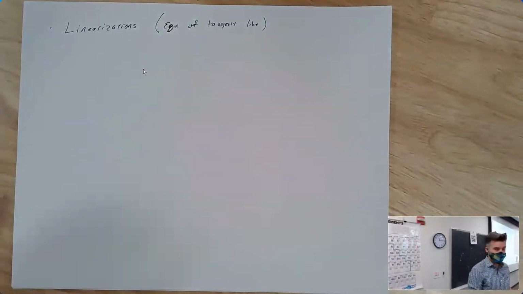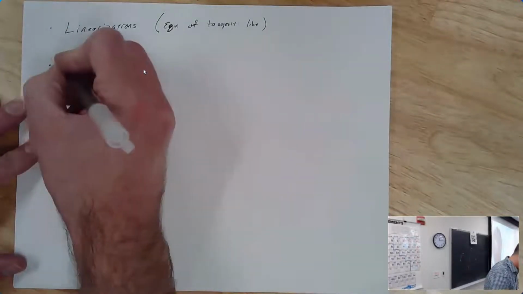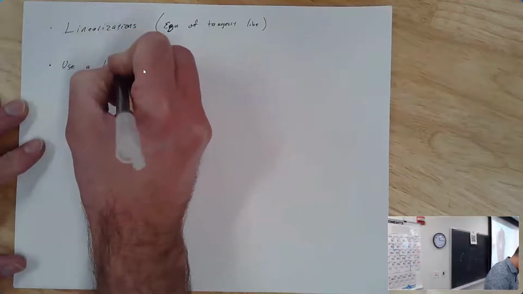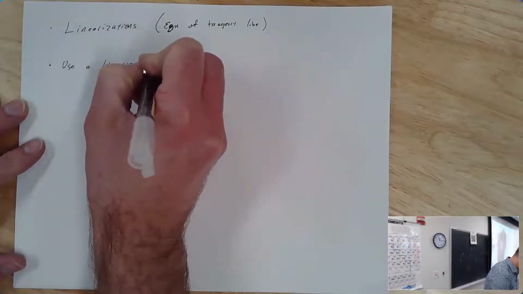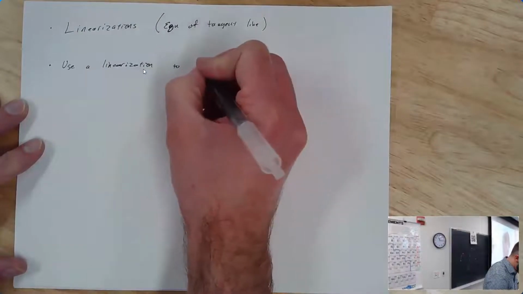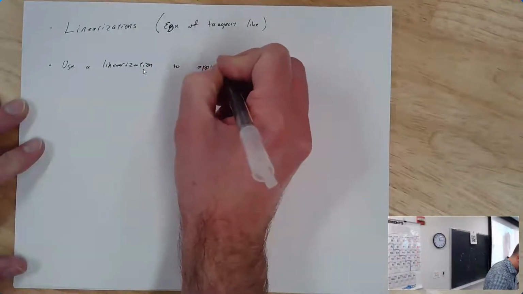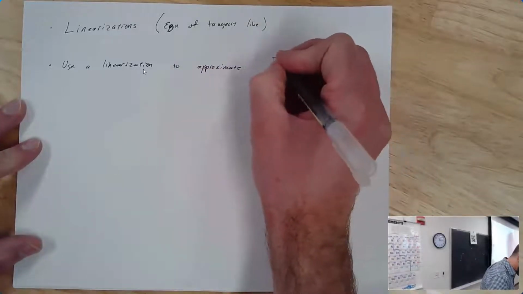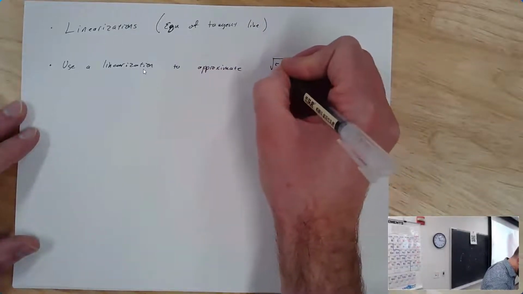One of the main ways is by asking the question, use a linearization to approximate or estimate, and let's start off with something not too terrible, the square root of 51.